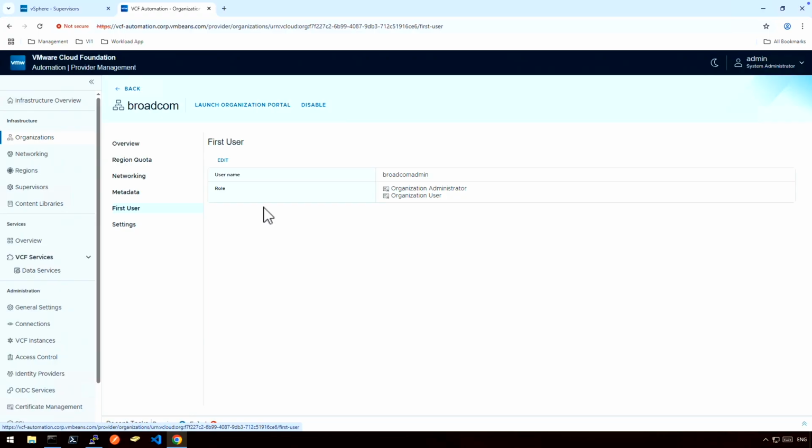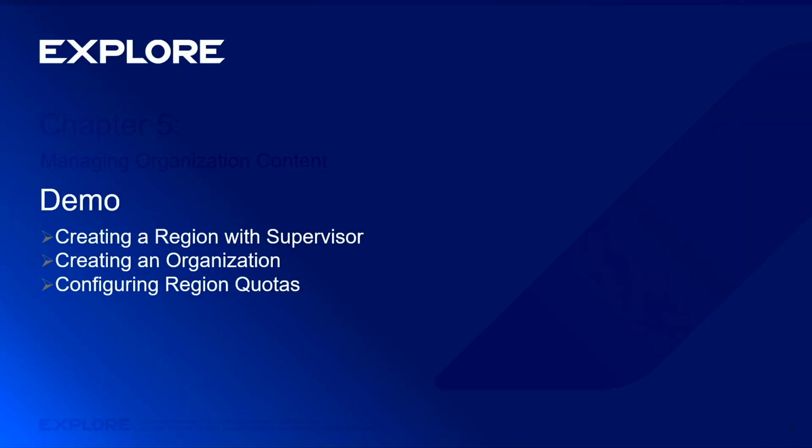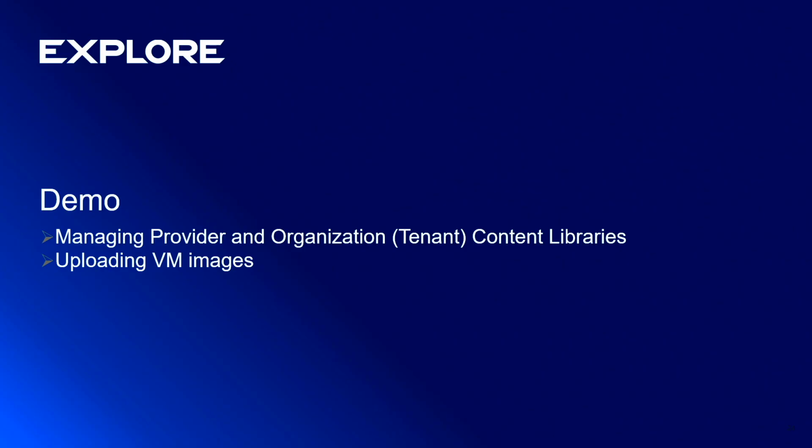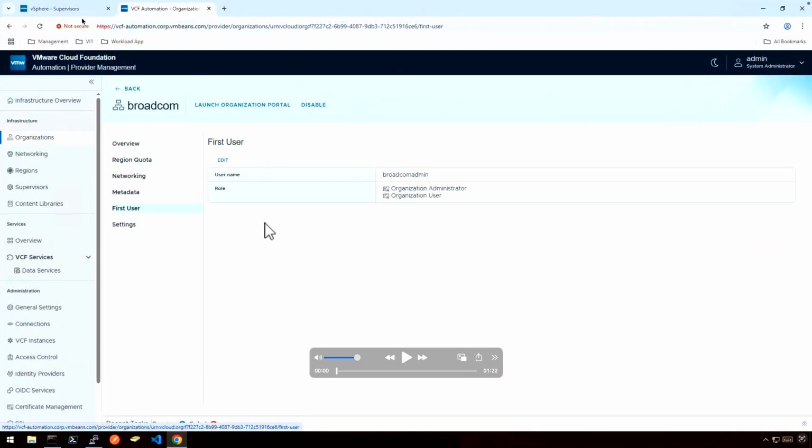So now that we have a region for our organization, let's talk about how we are managing content in the organization. I'm specifically talking about images. So for that, we will continue in the content management. Okay, so the same space, I have my organization.